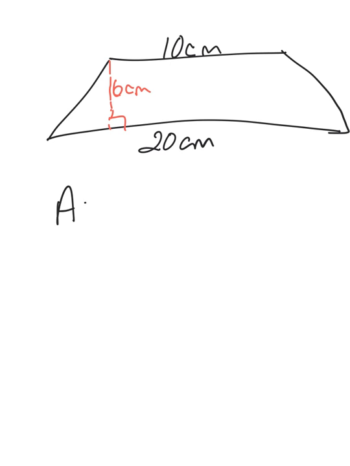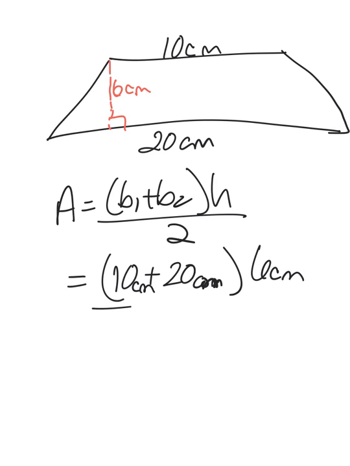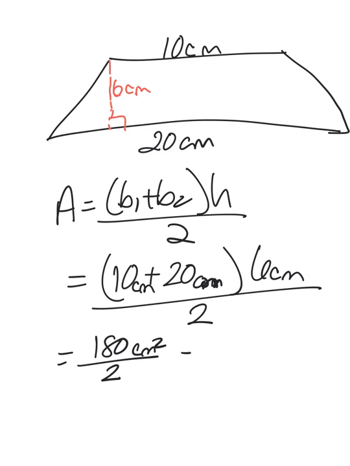So, our area, again, it's base 1 plus base 2 times the height divided by 2. So what are our bases? We've got 10 centimeters plus 20 centimeters, times the height, which is 6 centimeters, divided by 2. So we have 10 plus 20 is 30. 30 times 6 is 180 centimeters squared divided by 2. 180 divided by 2 is 90 centimeters squared.